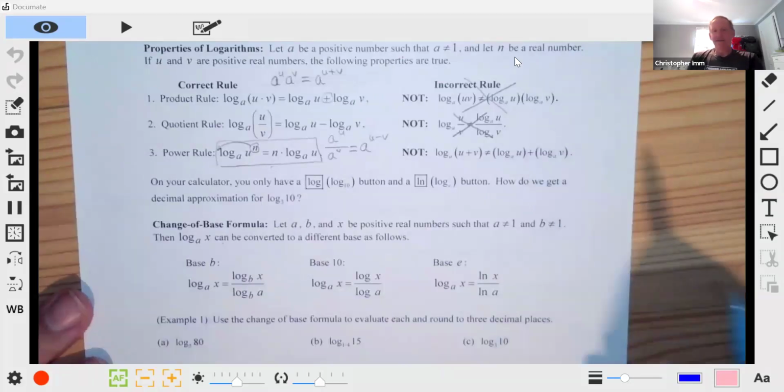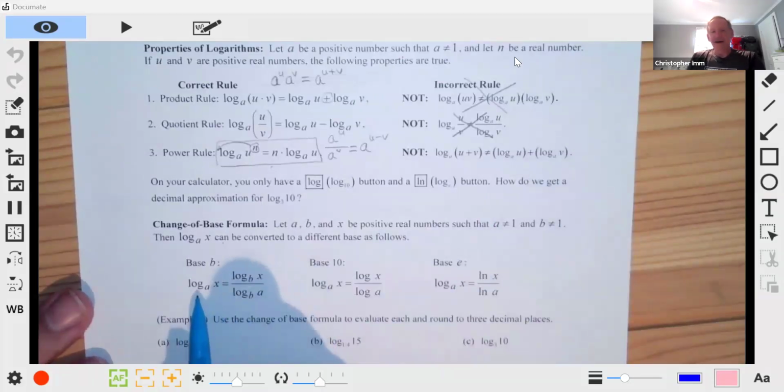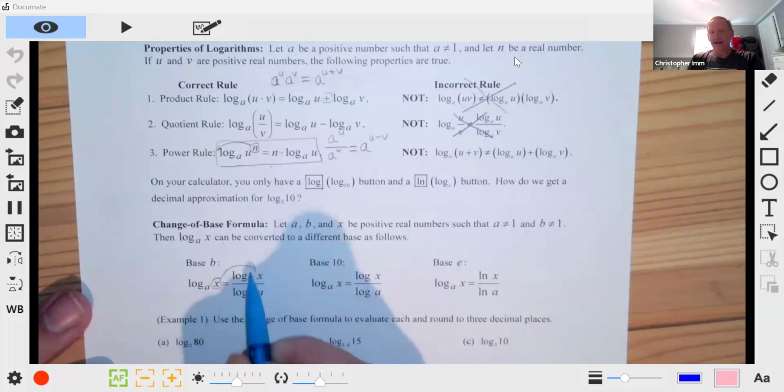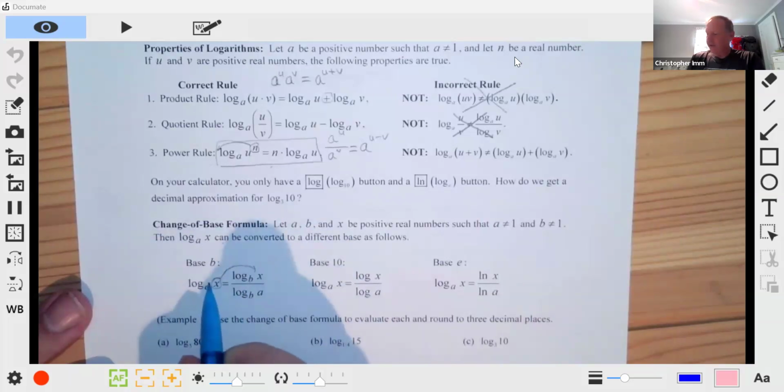The change of base formula basically says, if I have log of some base of a number, then I can change it to a different base b, and I essentially put what's inside the log in the numerator and the old base in the denominator. I can do that with any base.